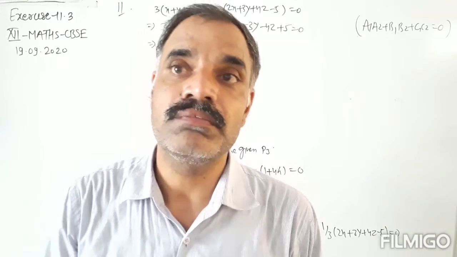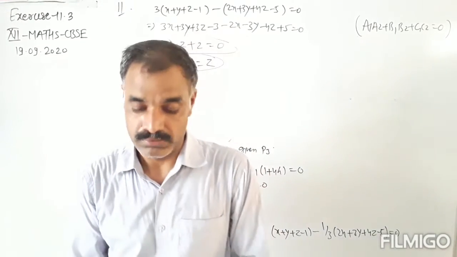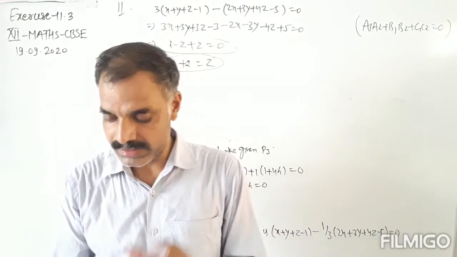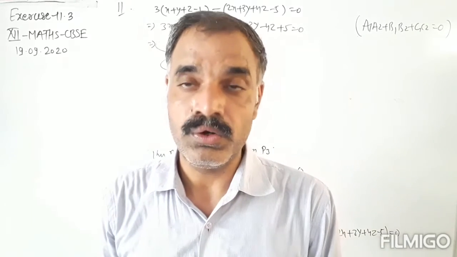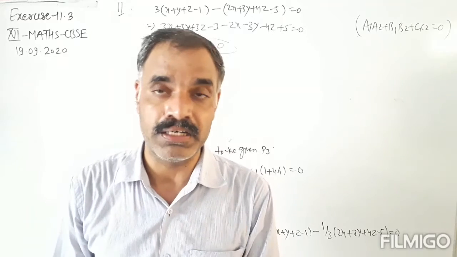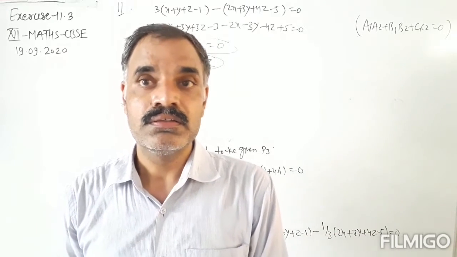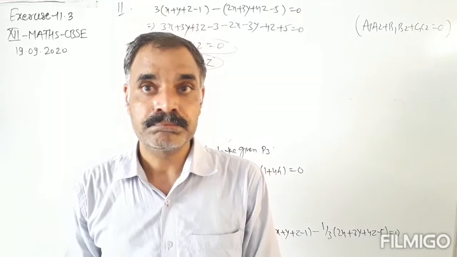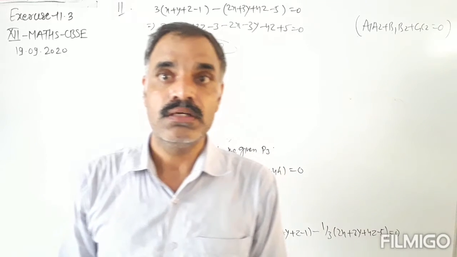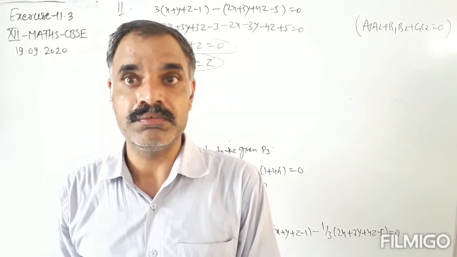This is question number 11. Questions number 9, 10 and 11 are all approximately the same, but the conditions are different. In question 9, the Cartesian form and a point are given. In question 10, the vector form and a point are given.